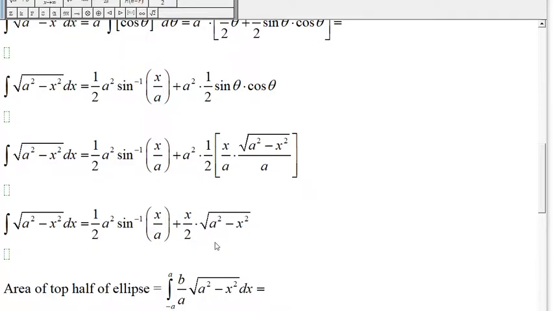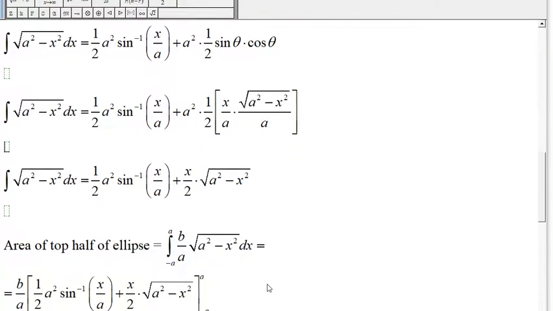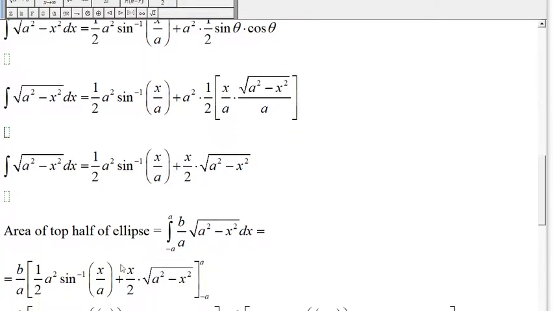But now we need the area of the top half of the ellipse, which is the integral from negative a to a of b divided by a times the square root of a squared minus x squared. So the b over a, let's move it outside.